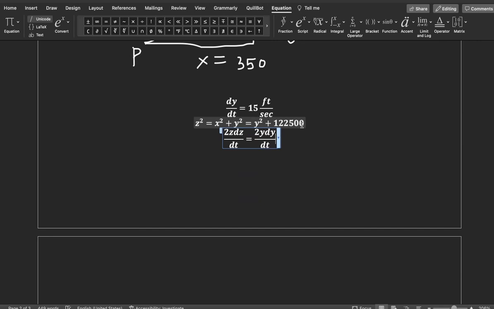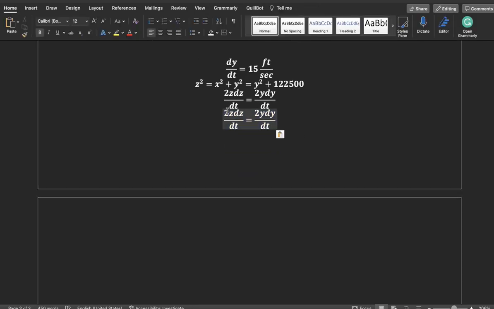So this is what it's equal to. Right off the bat, we can simplify by eliminating the 2, so the 2 can be cancelled on both sides.